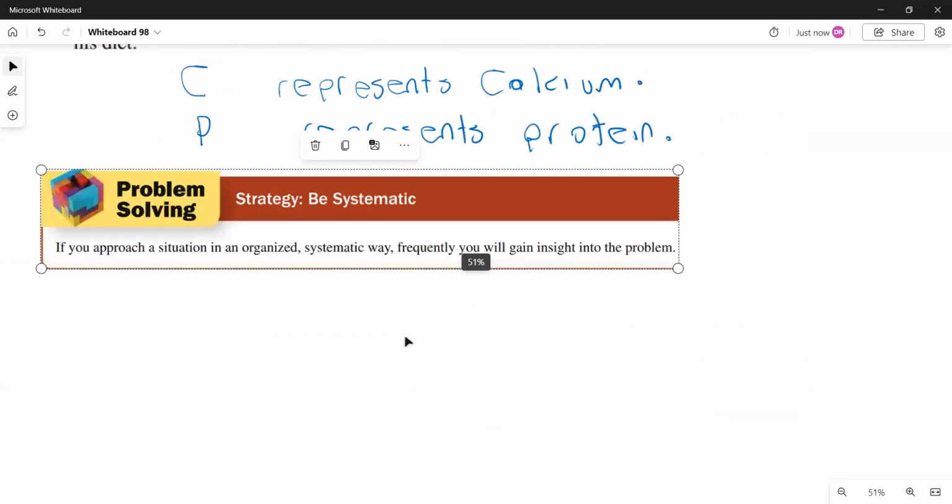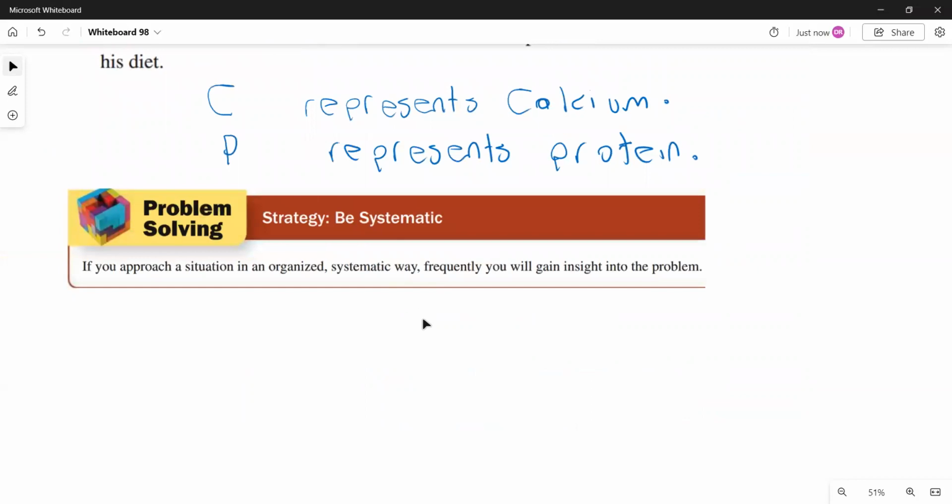If you approach a situation in an organized, systematic way, frequently you will gain insight into the problem. So we're looking at example 4. We're still on this page 15.